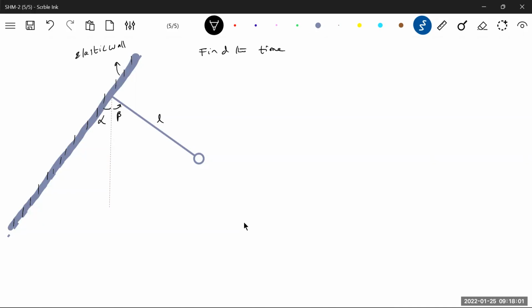Find the time period of oscillations of the pendulum for the first case, alpha greater than beta, or beta less than alpha.